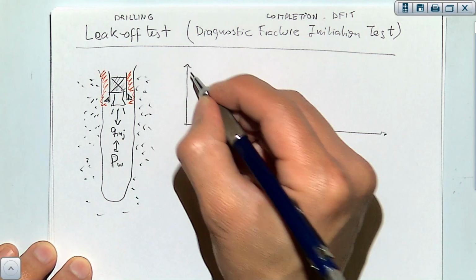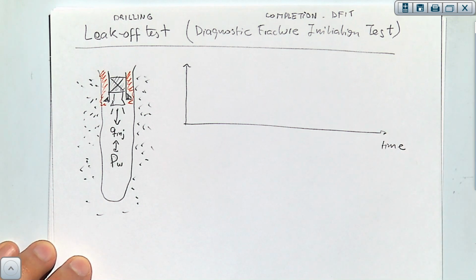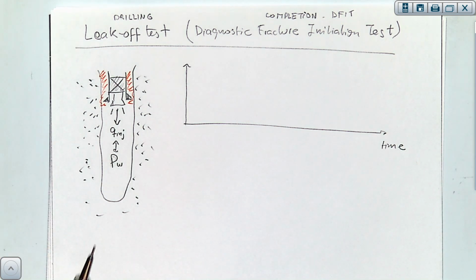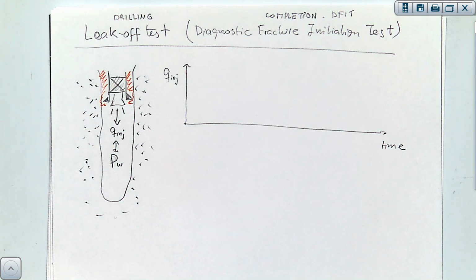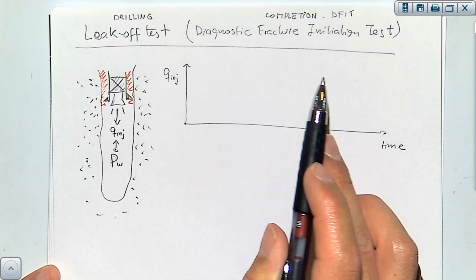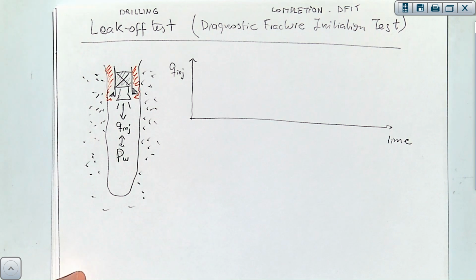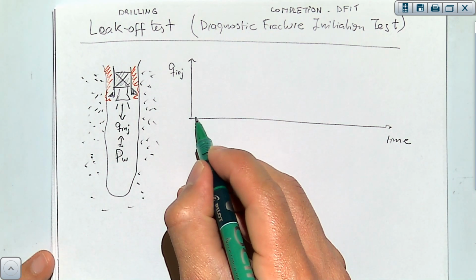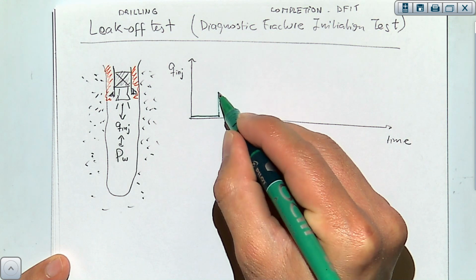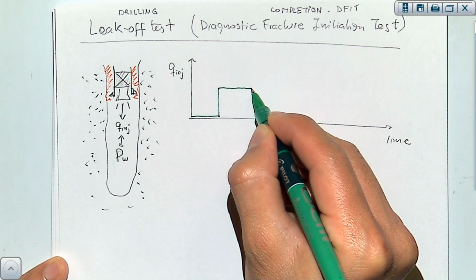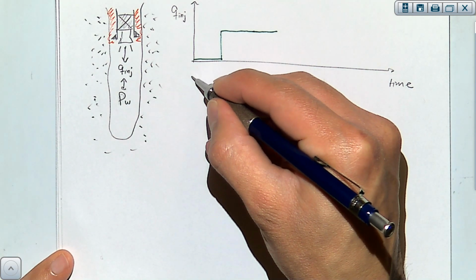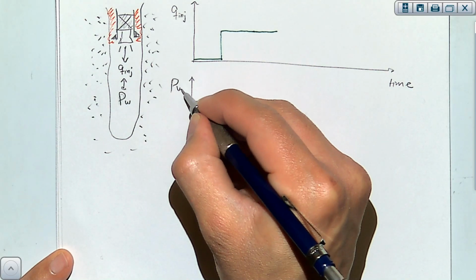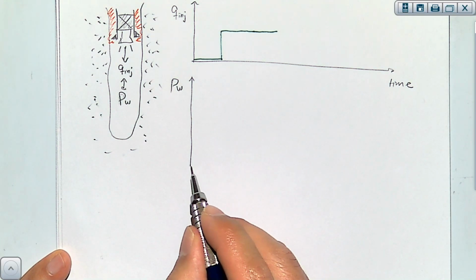Then what we're going to do is we're going to inject a fluid, which in the case of the leak-off test is going to be drilling mud, but in the case of the DFIT test, it's just going to be a fracturing fluid. And we're going to inject this such that we're going to increase the pressure quickly and then keep it constant for some time. And as we do that, we're going to measure the pressure in the wellbore.